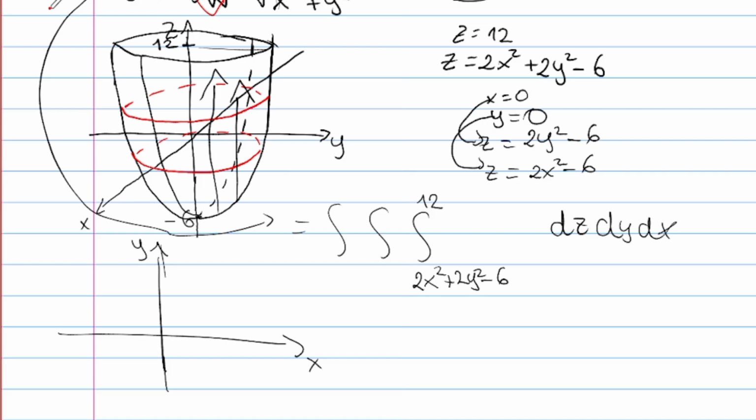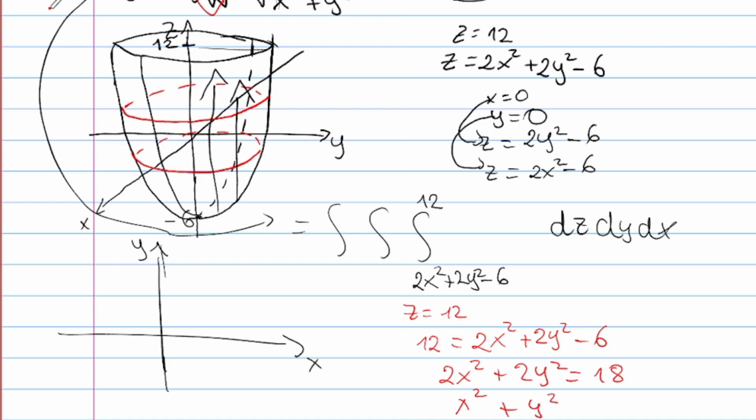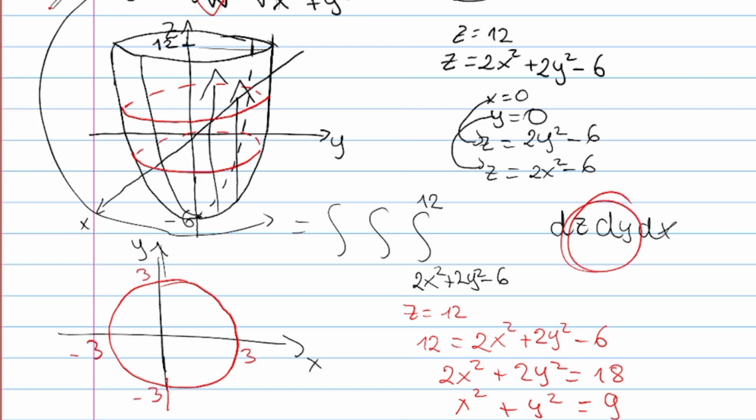So 12 is equal to 2x² plus 2y² minus 6. If you do some operations here, you get 18, right? And then dividing by 2, we get 9, right? So the circle is x² plus y² equals 9, with x from minus 3 to 3. First, we are going to integrate with respect to y.